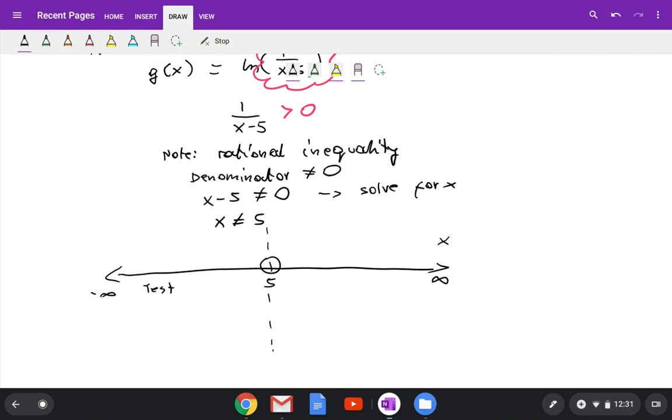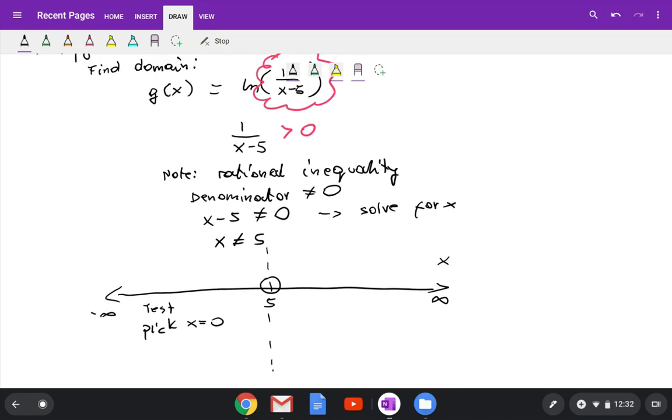So first I'm going to test the left side of the interval. I'm going to pick a number from negative infinity to 5. I'm going to pick the easiest case, so pick x equals 0. When I pick x equals 0, I go back to my inequality, replace x with 0, and check if that inequality is correct.